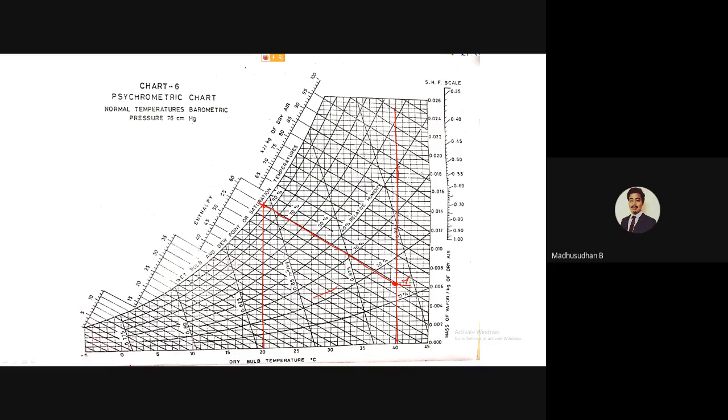I will just try to remove the construction lines so that the further part of the problem becomes easy. So this is how we will plot the state 1.